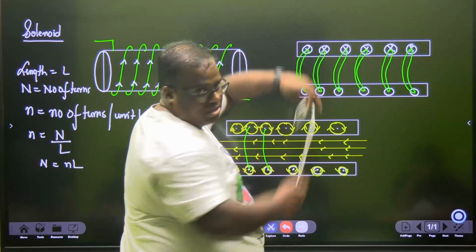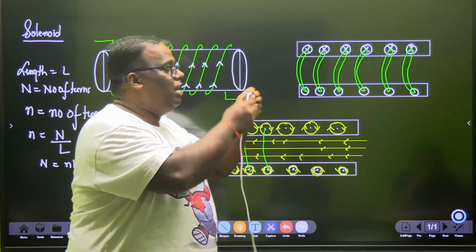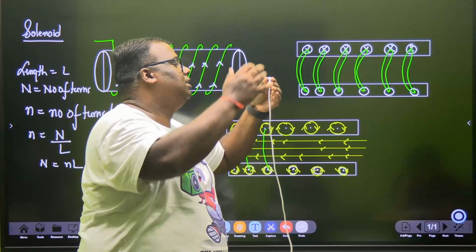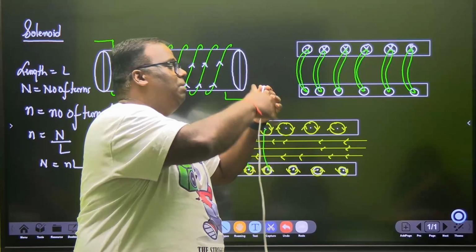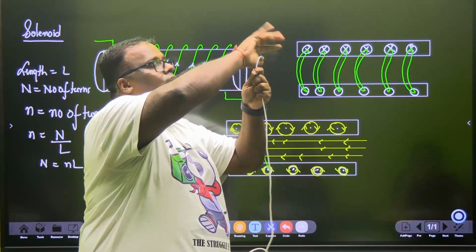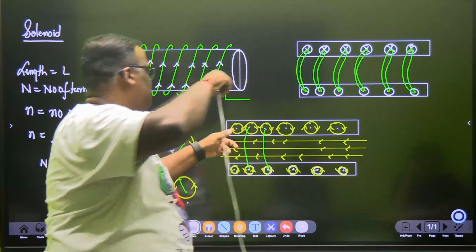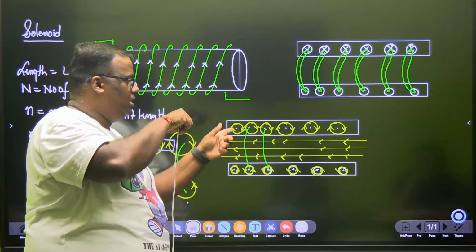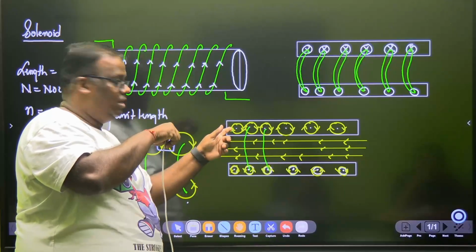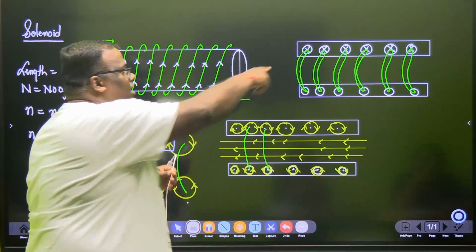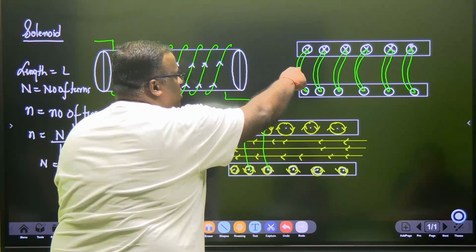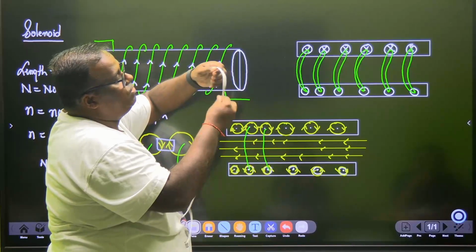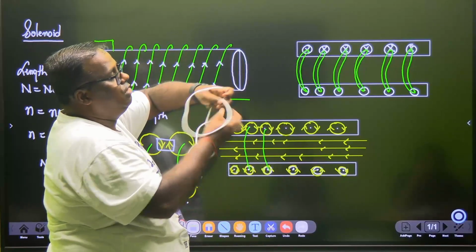Again, you see the outside one. Now, the magnetic field out here in my diagram, the current is going in. So the magnetic field will be in what direction? Like this. So if you see, it's in this direction. See here, it's in this direction, right? Then at this position, the solenoid curve is like this.